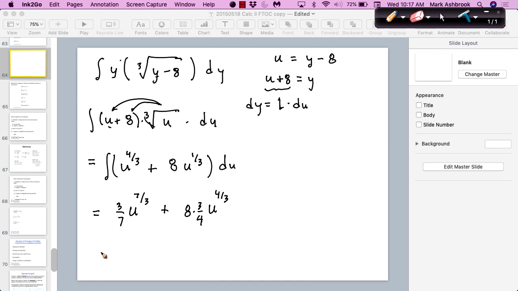And then, are we done? Change it back to y, right? So u is equal to y minus 8. I think this is 6. All right, plus c.